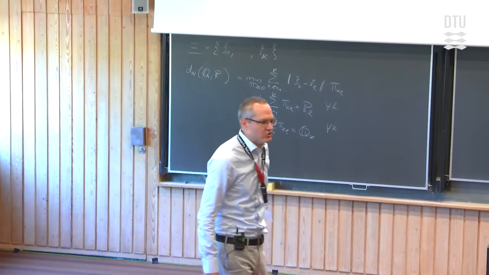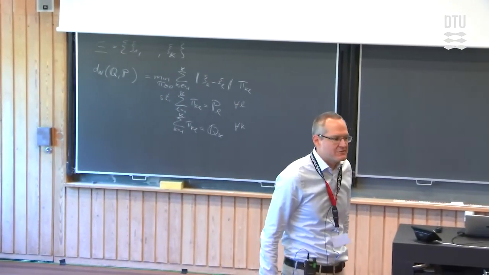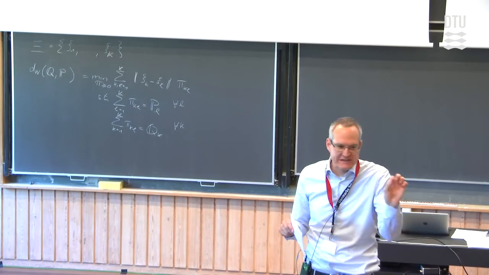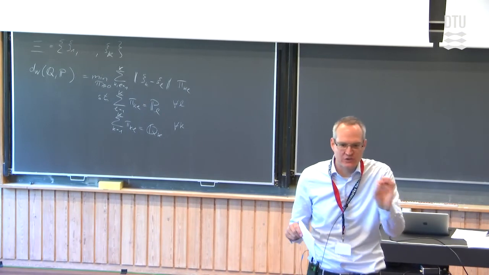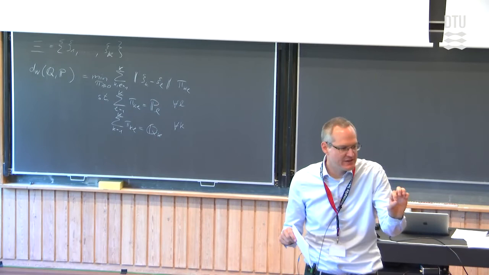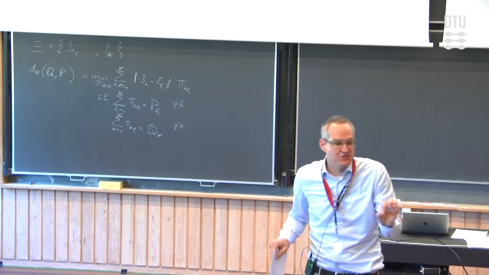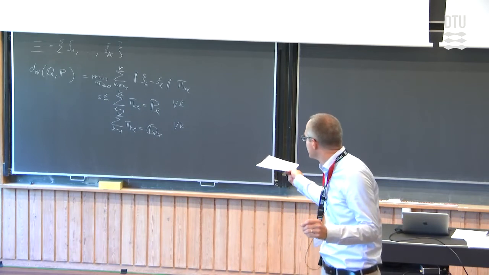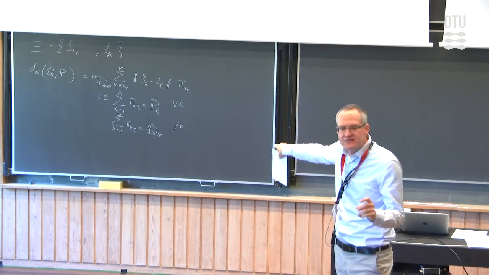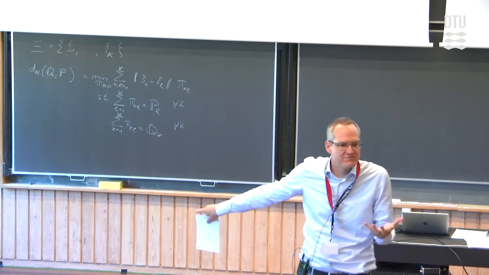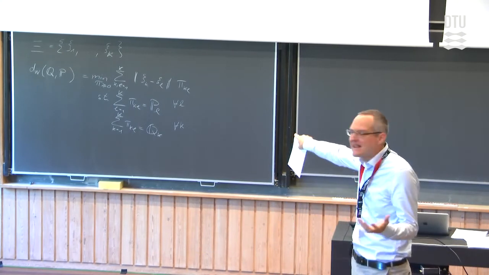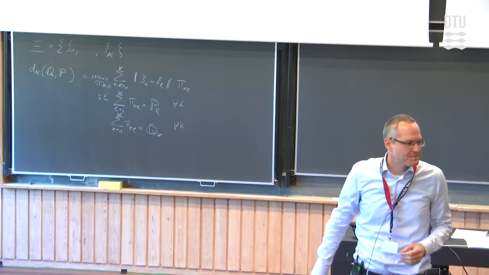Now what we would like to do is, first of all, the total demand is equal to the total supply, right? The total demand is the sum of the QKs, which is 1 because it's a probability distribution, right? And the total supply is the sum of the PLs, which is also 1.